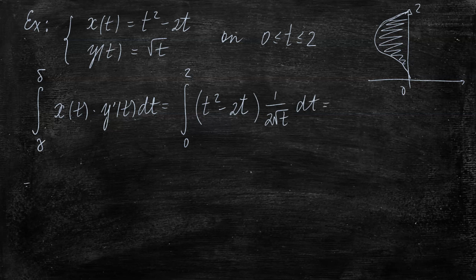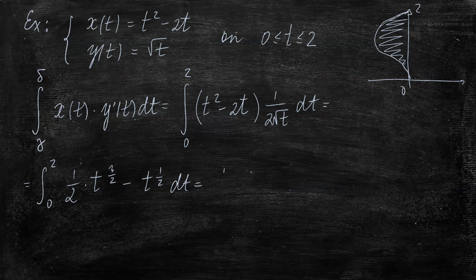It's a relatively easy integral. Let's distribute 1 over 2 radical t, and let's write it in exponential form. So we're going to have t to the power 3/2 minus just t to the power 1/2.